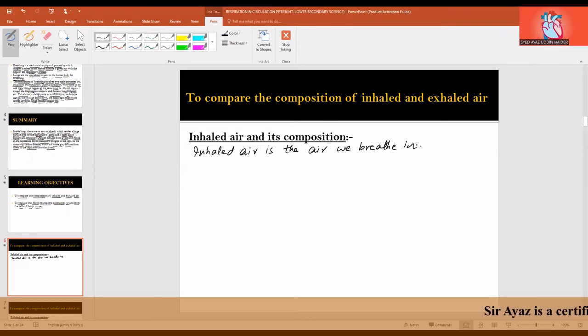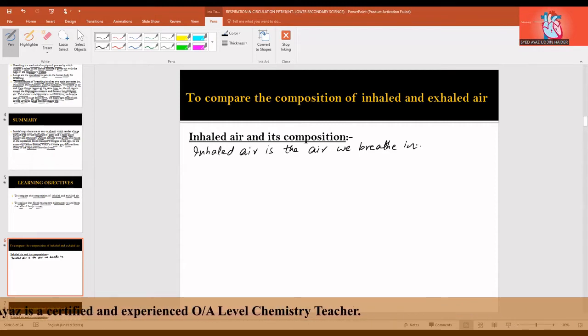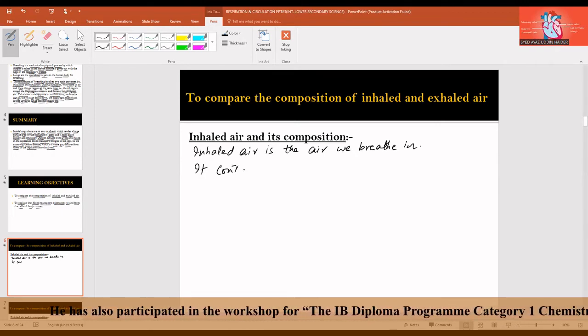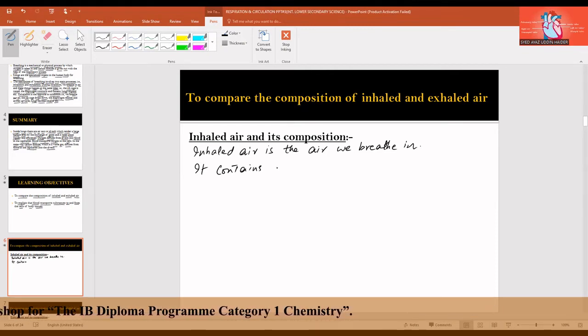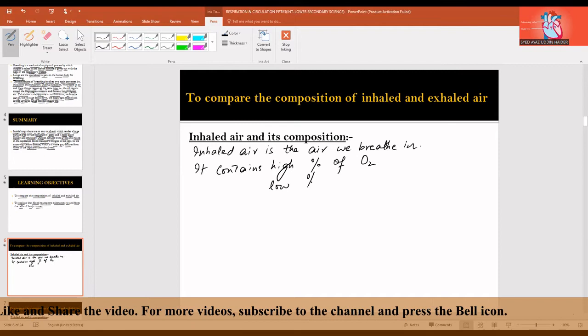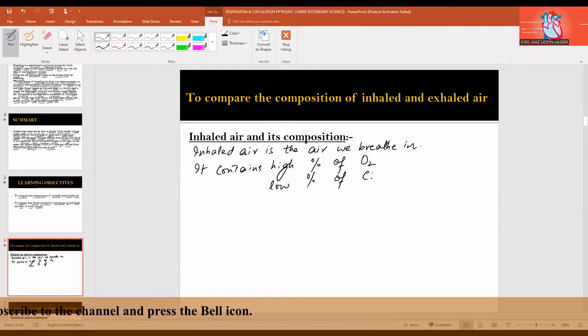Inhaled air contains a high concentration or percentage of oxygen and a lower concentration or percentage of carbon dioxide and water vapor. It contains a high percentage of O2, low percentage of CO2 and H2O.